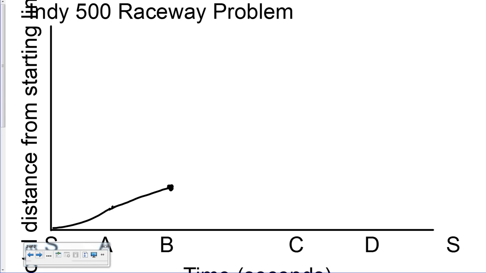And then once you get to B, you're pulling out of that curve and eventually speeding up quickly and getting into the back stretch. So this speed from B to C is going to be a faster speed than what it's seen before.